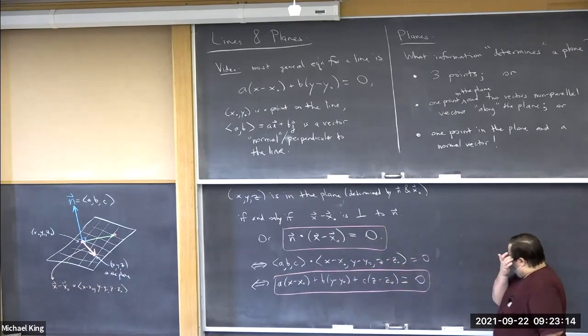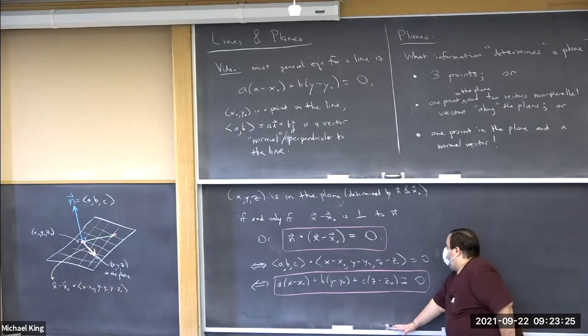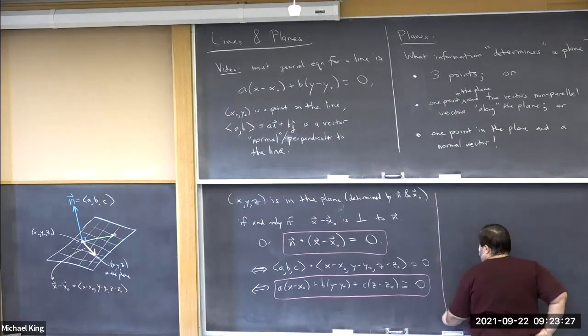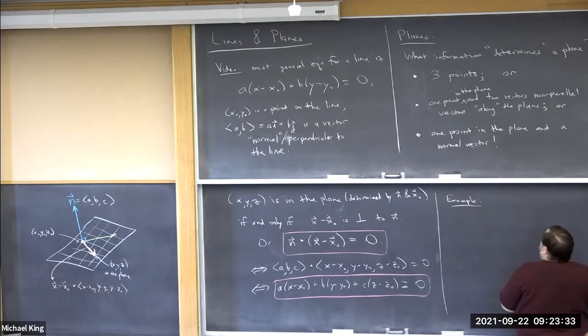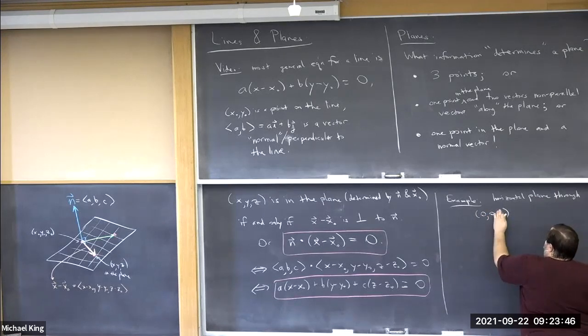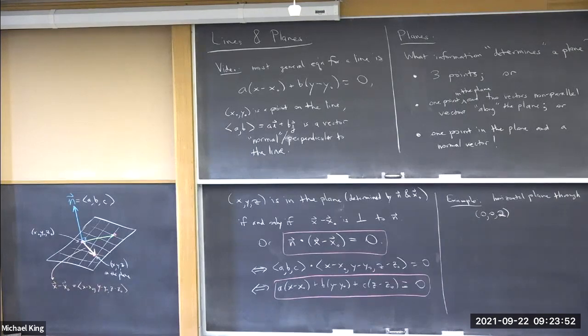For example, just some simple examples to do a sanity check to make sure it makes sense to us. Say we had a horizontal plane through a point like 0, 0, 2. What's the equation of that plane?